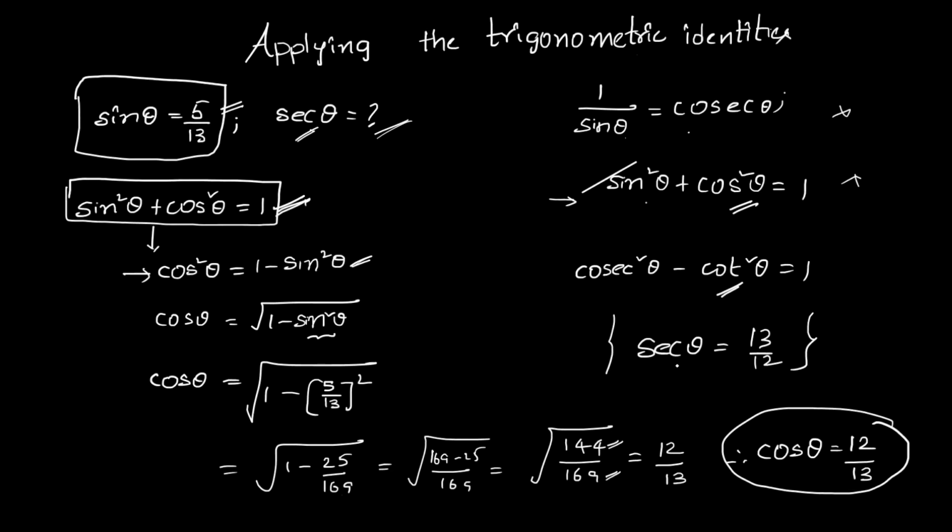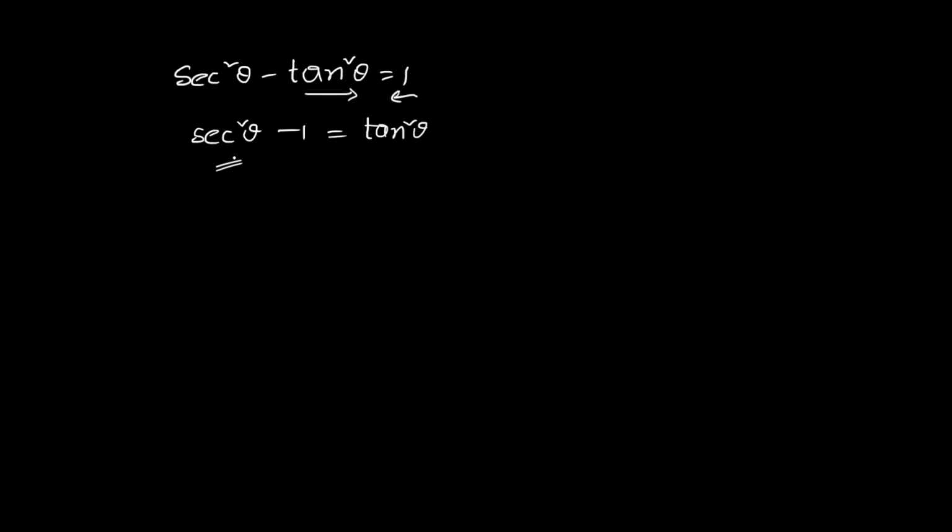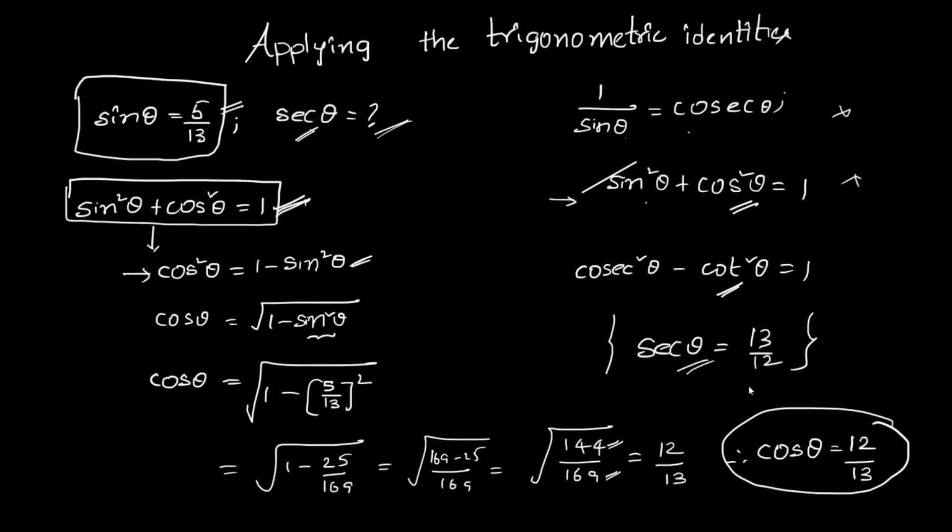Now see, we know secant, so we can find tan. We know that secant square theta minus tan square theta is equal to 1. Taking tan square to the other side, the 1 goes across, and secant square theta minus 1 is equal to tan square theta. We know the value of secant theta is 13 by 12.